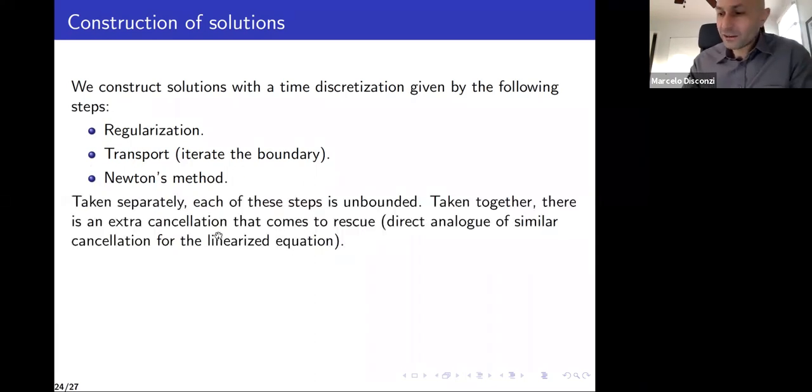Now, what is very interesting here is that all these steps taken separately are unbounded. It means you don't get good control from your discretization. But when you take these steps together, there's an extra cancellation that comes to the rescue. This extra cancellation is the direct analog of the cancellation that I told you before for the linearized equation. So it's the same kind of structure appearing here in a different form.